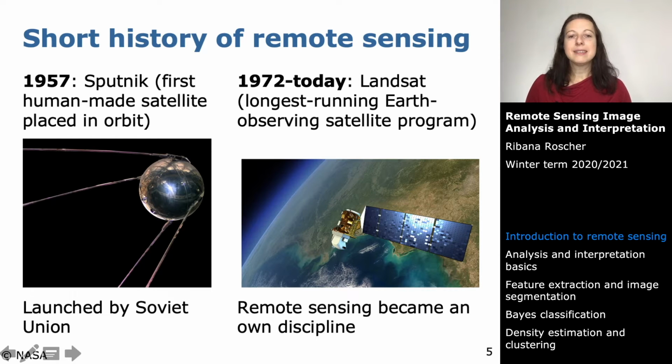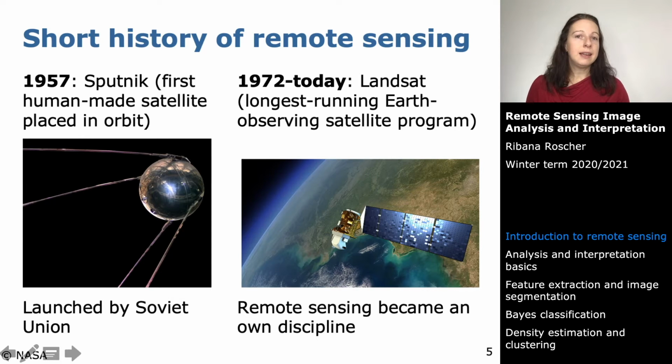A very important step for remote sensing was taken in 1972, when the first Landsat satellite was launched. Landsat is the longest running Earth observation satellite program, and it's still active today.